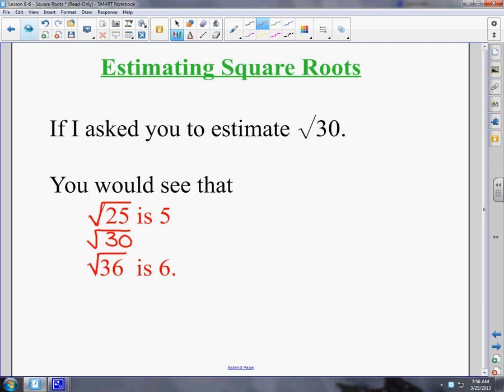Now, from 25 to 30 is 5, and from 30 to 36 is 6. So I would say it's about right in the middle. So you could estimate this as 5.4 or 5.5 as your answer.